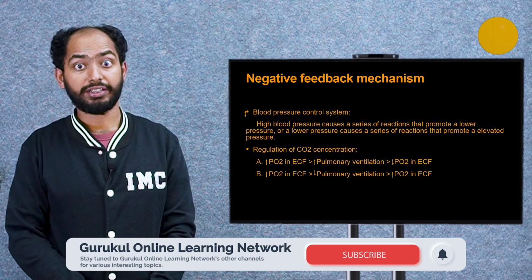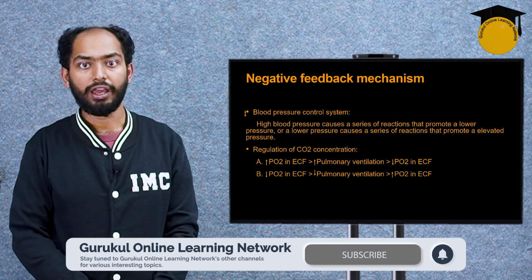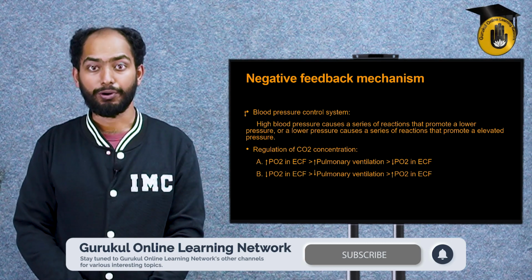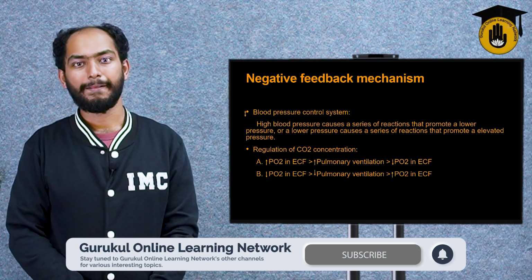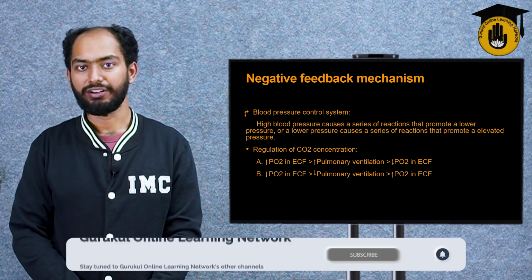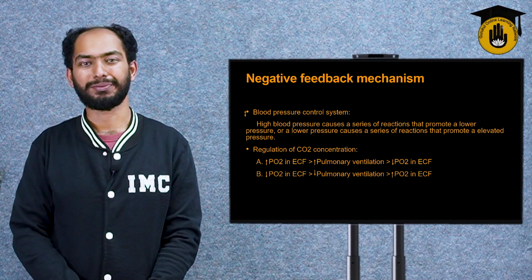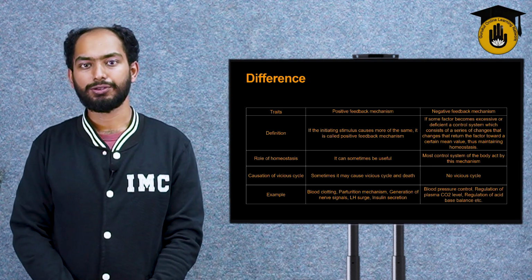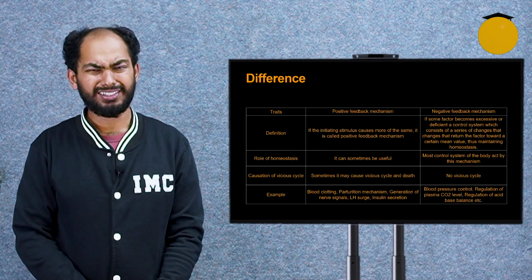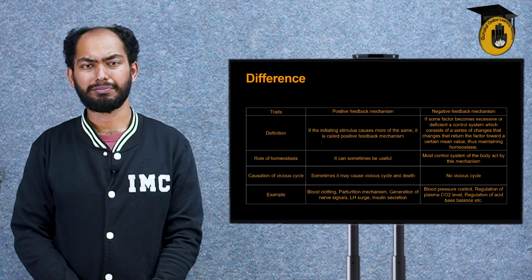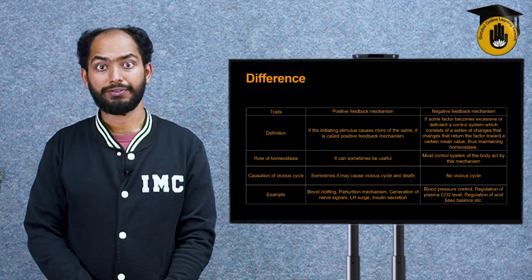So we will ventilate very slowly and try to conserve all our carbon dioxide in our body, which will ultimately increase the amount of carbon dioxide in our extracellular fluid and bring it to a normal level.